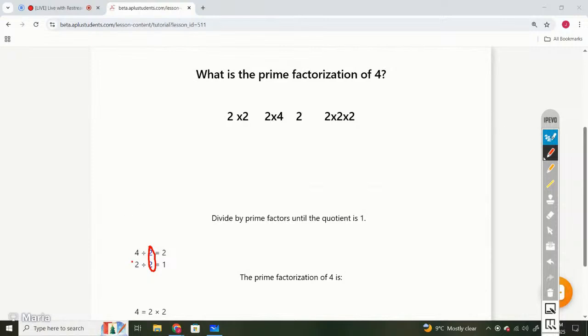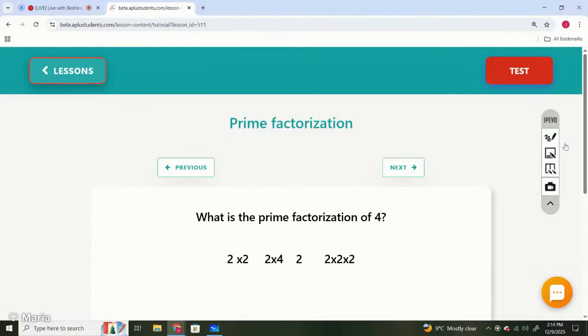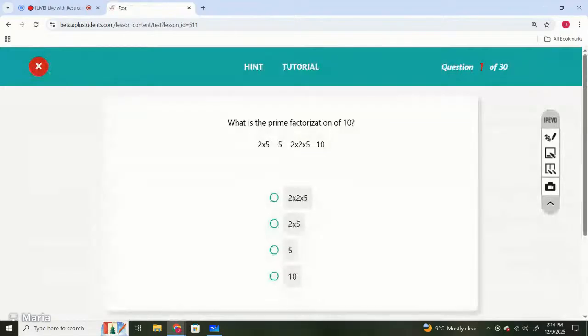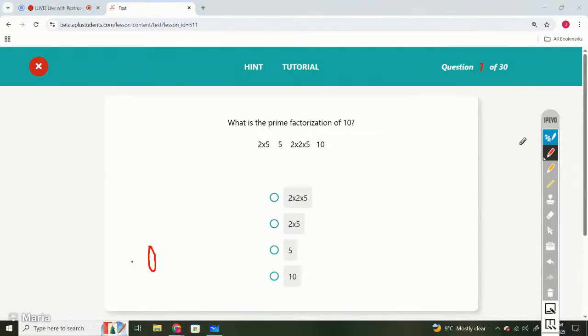Let's just start with the test questions. What is the prime factorization of 10? So how do we write down the prime factors of 10? We need to divide 10 by the smallest prime number, right? The smallest prime number that can divide 10 is 2. Just divide 10 by 2.